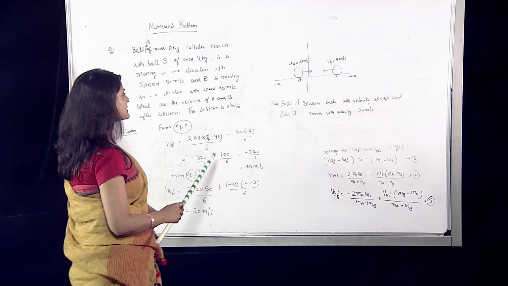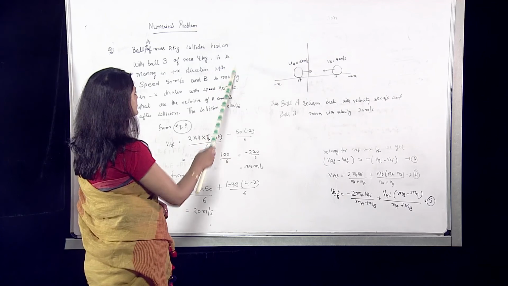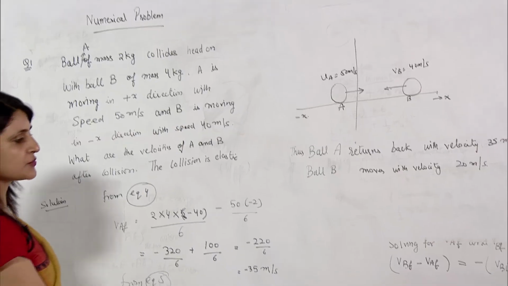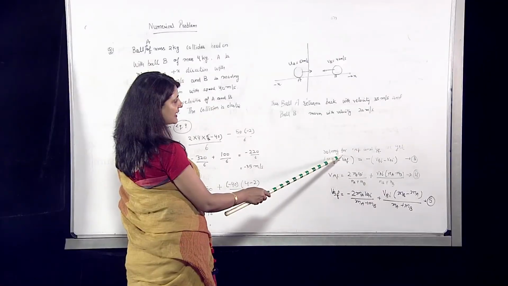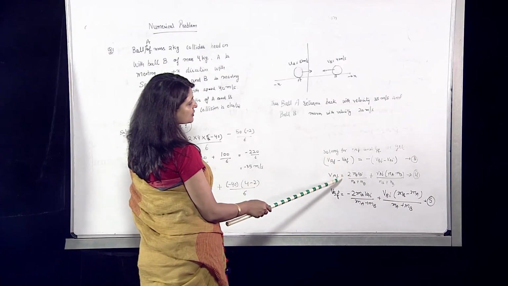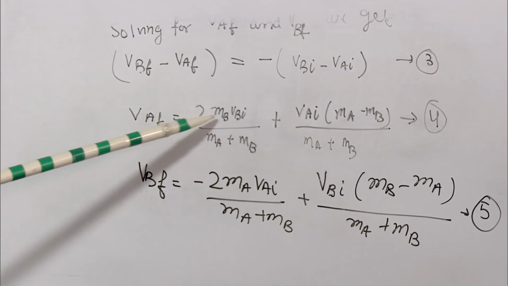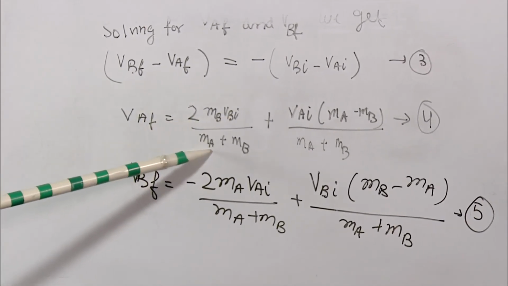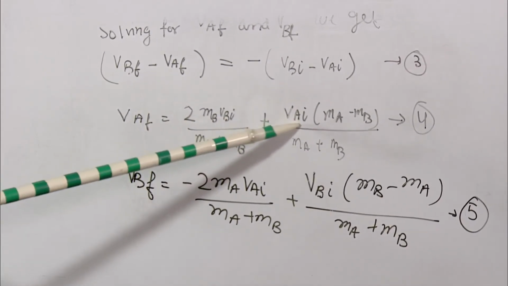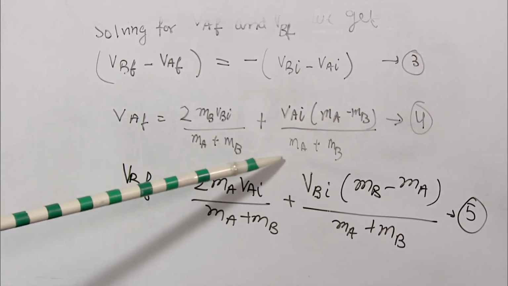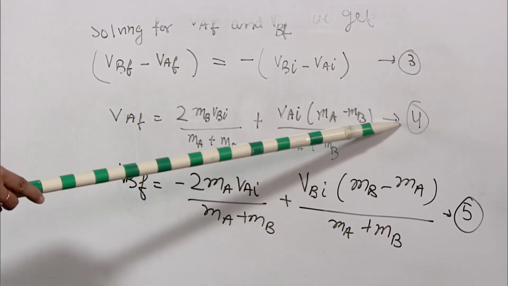Since we have discussed that elastic collisions follow the equations derived by the law of conservation of momentum as well as energy, we have VAF is equal to 2 MB VBI upon MA plus MB, plus VAI times MA minus MB upon MA plus MB, that is equation 4.